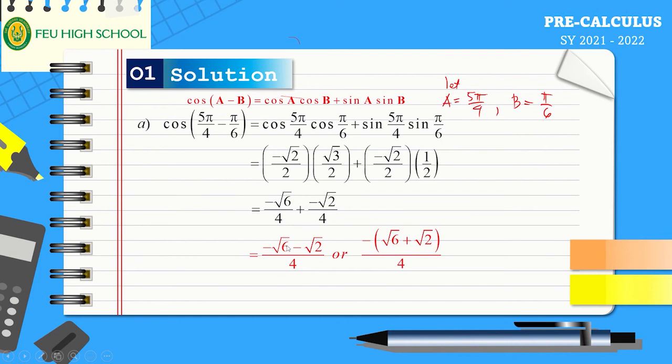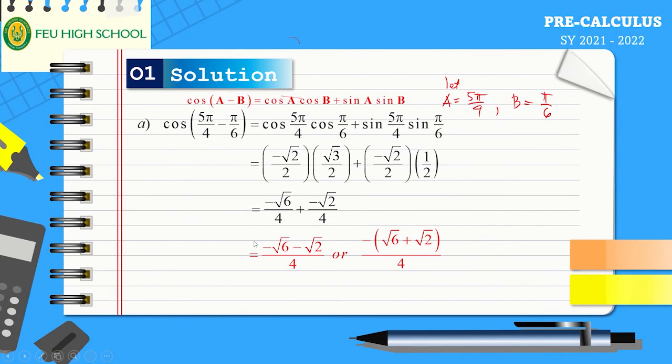So, since may dalawang possibility kung paano natin isulat yung tamang sagot, we can just factor out the negative because both are negative, or we can just put it as it is. So, either of the two. So, wala na tayong gagawin kasi ito na yung simplest form ng ating sagot. Not unless we write it in decimal form.